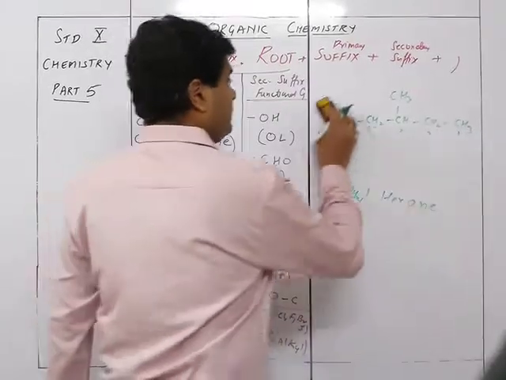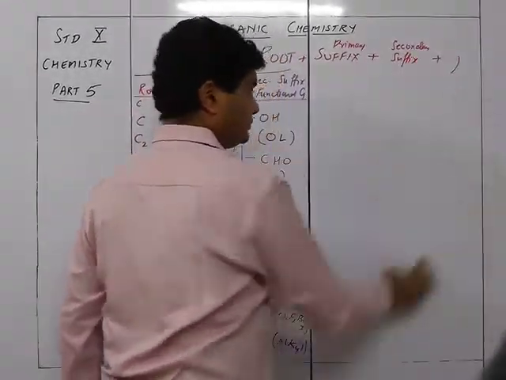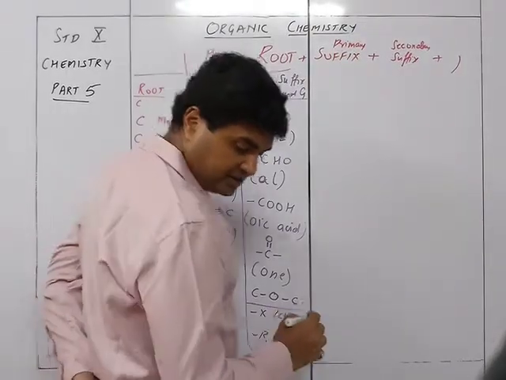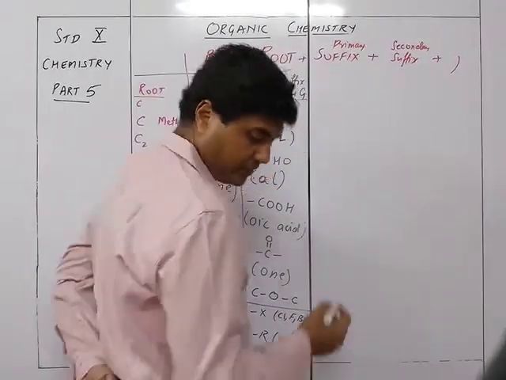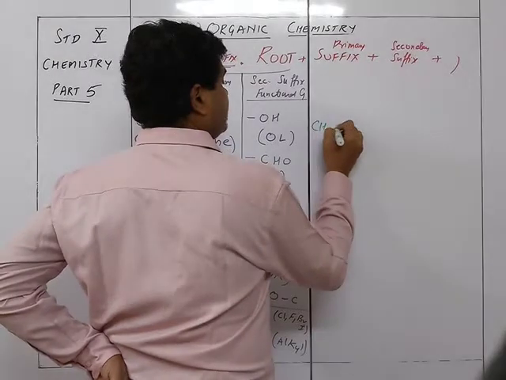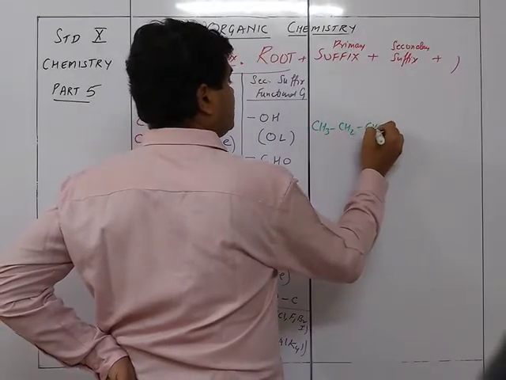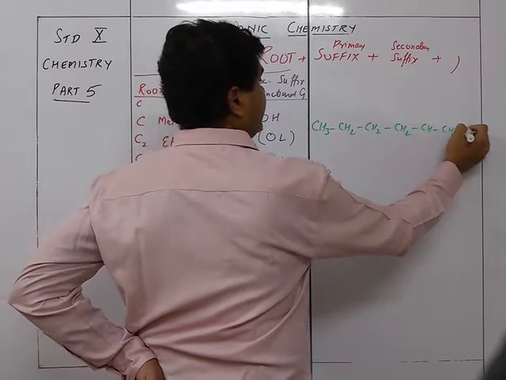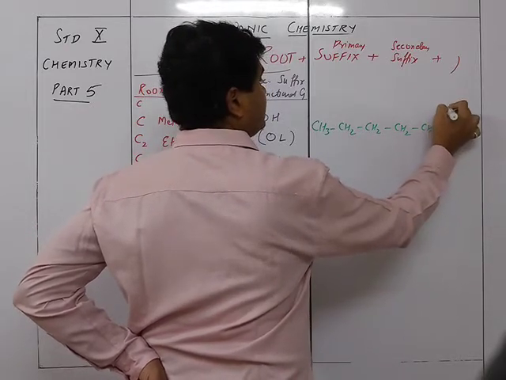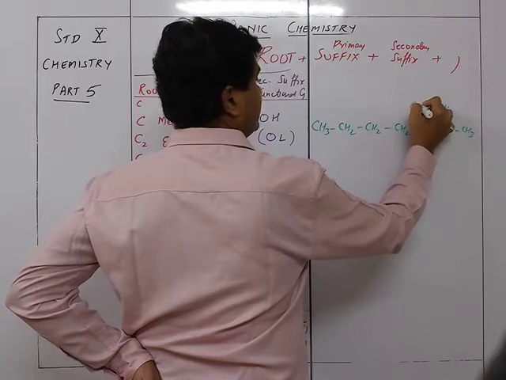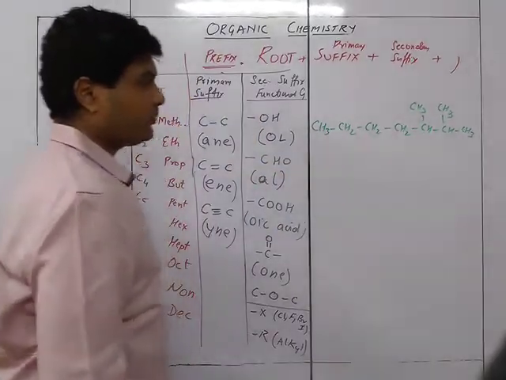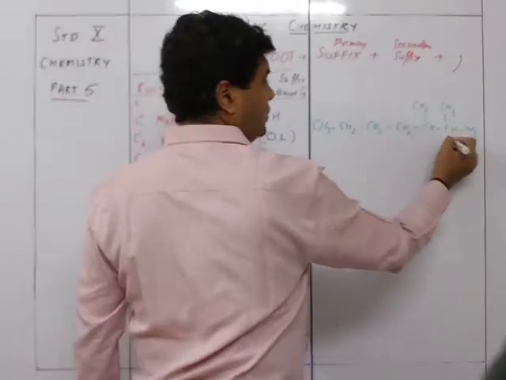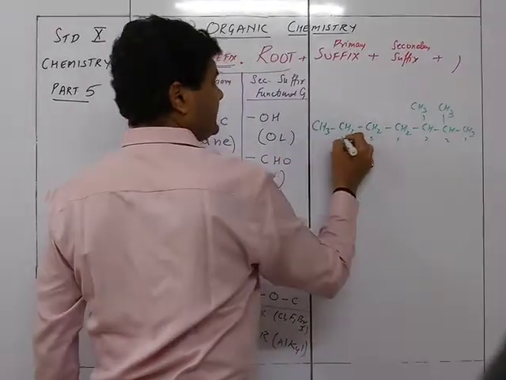Right? The next one is CH3, CH2, CH2, CH2, CH, CH, CH3. This is CH3, CH3. So we know that we cannot start from here. It has to start from here. It will be 1, 2, 3, 4, 5, 6, 7.